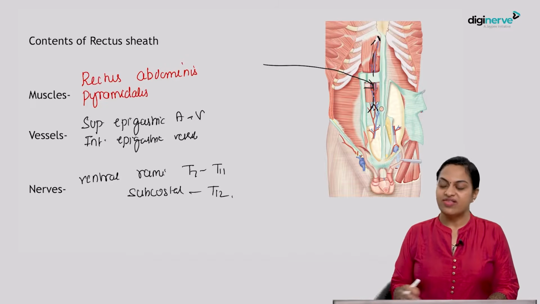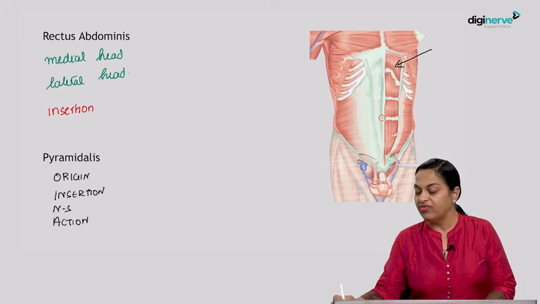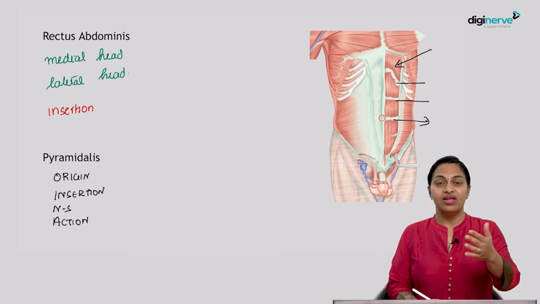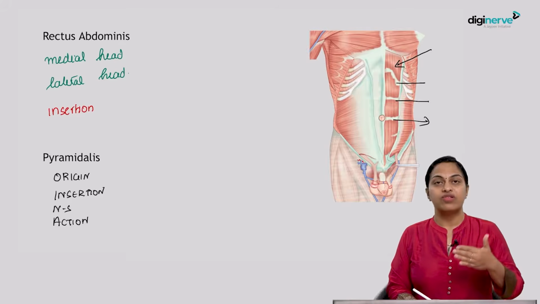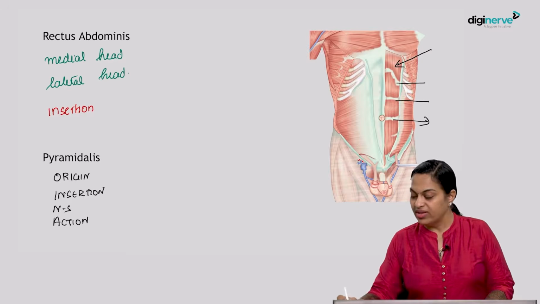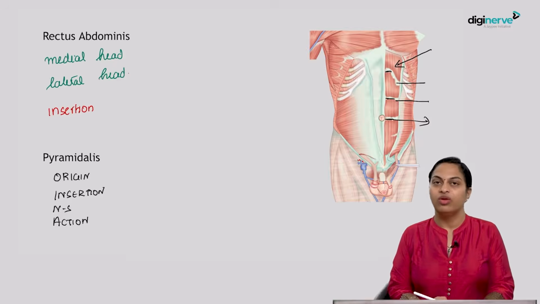So all these are seen within the rectus sheath. You will not have a problem in identifying the rectus sheath. And can you appreciate the tendinous intersections here? Yes, they connect the anterior surface of the muscle to the anterior wall of the rectus sheath. They are three in number, one at the level of the xiphoid process, one at the level of the umbilicus and the other midway between the two.